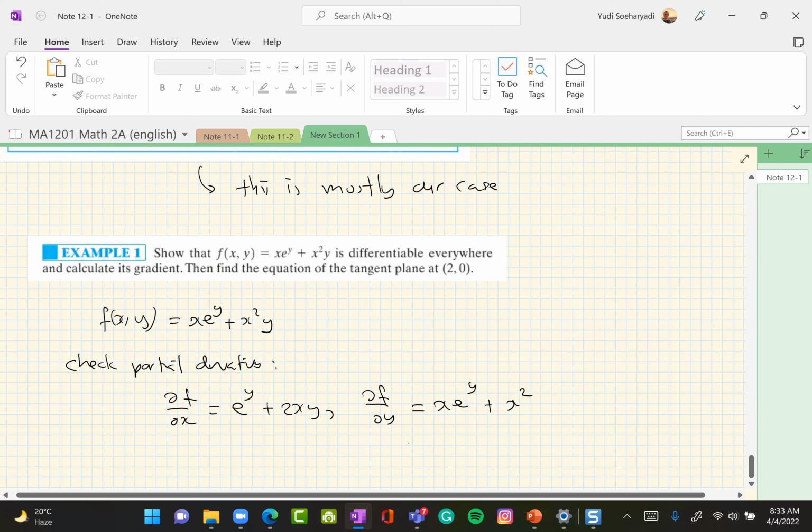Now both are nice functions. So that's differentiable.